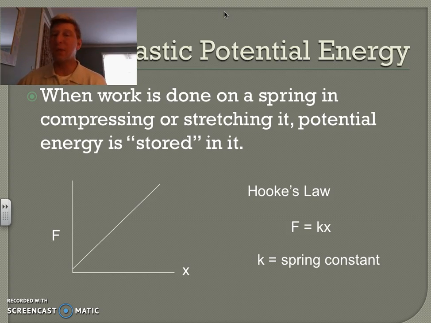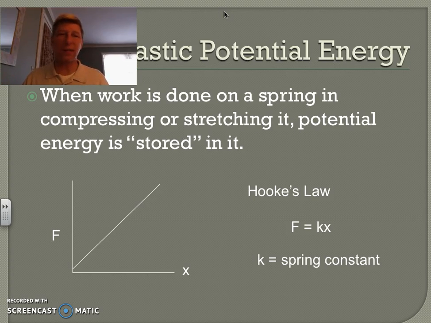Now, the spring constant is not a universal constant. It's not something that you can look up on a reference table. It varies depending upon the spring. You have really tiny springs that you find in clocks and watches, and you have massive springs that you find in garage door openers, and they all have their own unique and different spring constants.